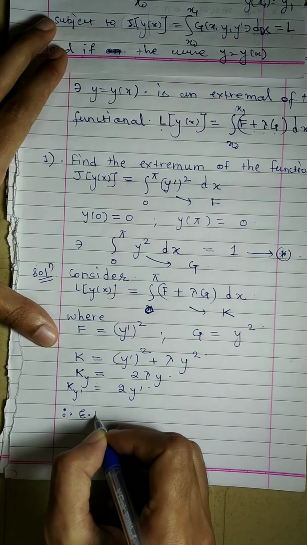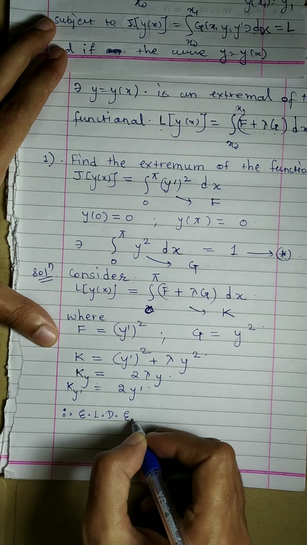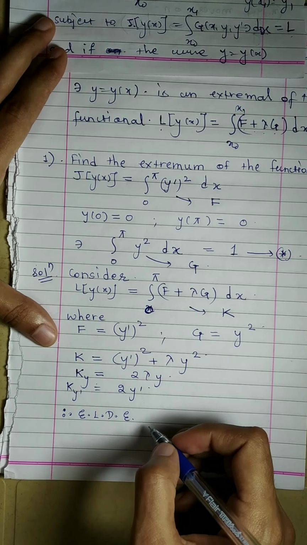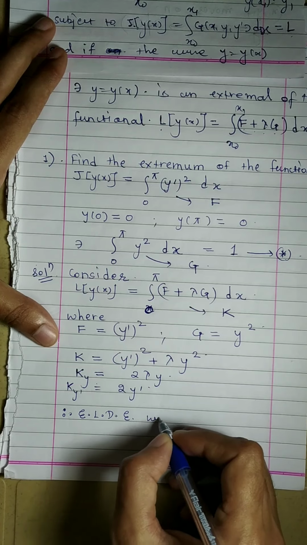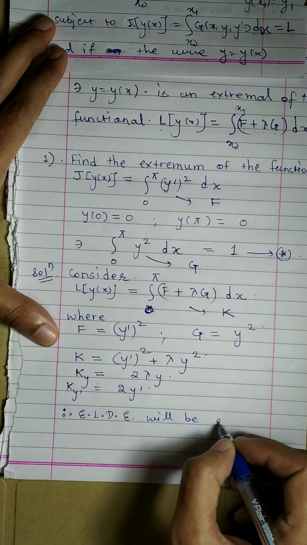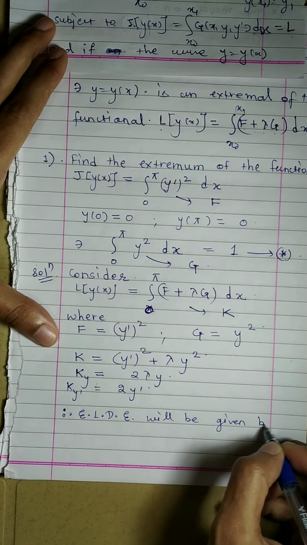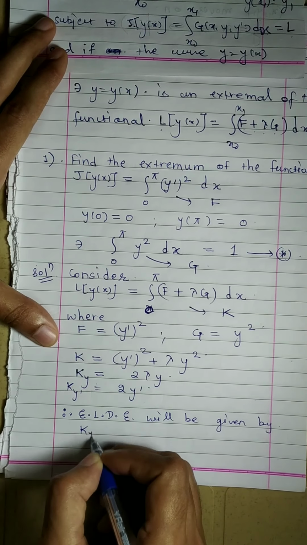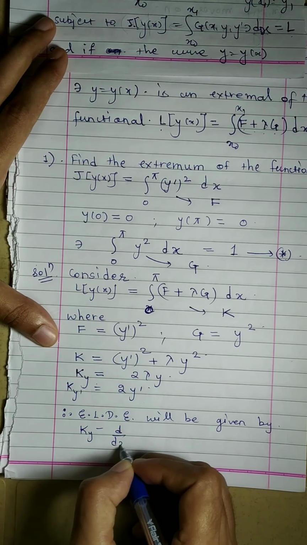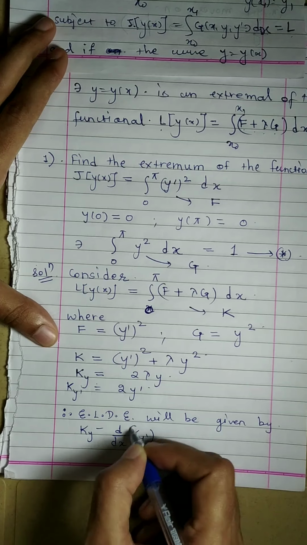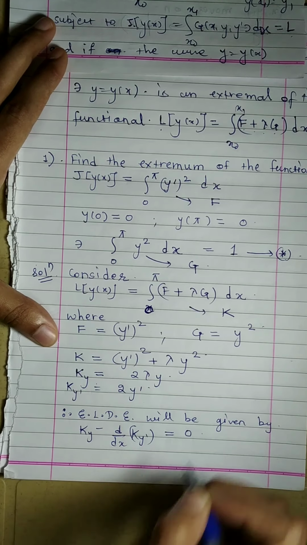Therefore the Euler-Lagrange differential equation will be given by K_y minus d by dx of K_y' equal to 0.